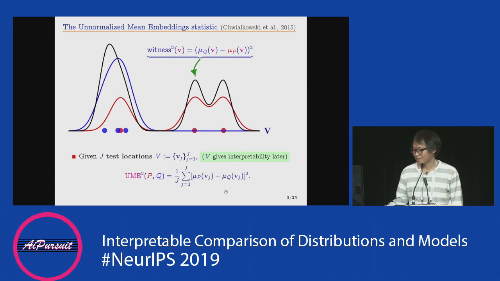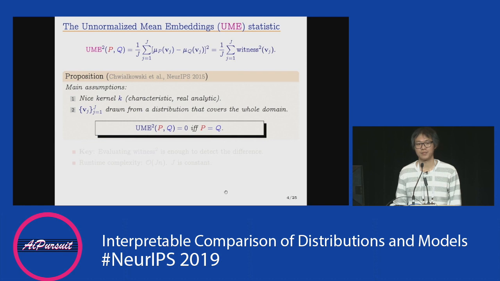It turns out that this UME is 0 if and only if P is Q. It has the same property as MMD. It is a proper distance under some technical conditions. The first one is that the kernel has to be nice: it has to be characteristic, and it has to be real analytic, meaning that it has to be very smooth. And second, the test locations have to be drawn from a distribution that covers the whole domain. If these two conditions hold, then it is 0 if and only if P is Q.